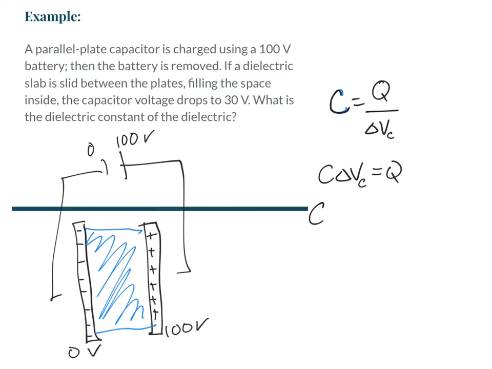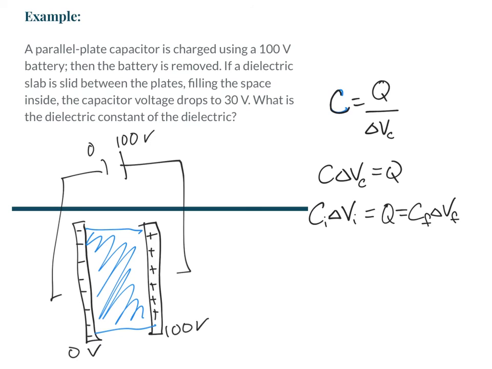So you could say capacitance initial, which is before the dielectric, times the potential difference on the capacitor initial equals the charge, which doesn't change, which also equals the capacitance after you insert the dielectric times the voltage after you insert the dielectric.